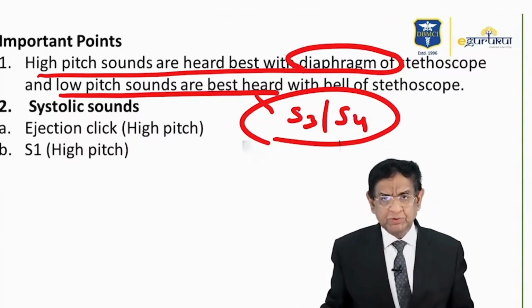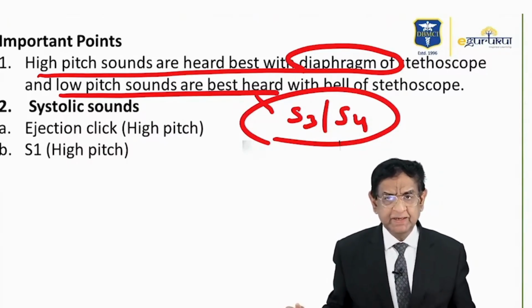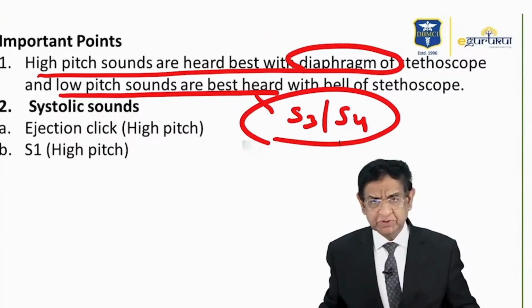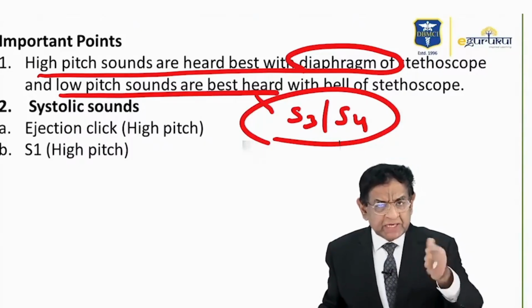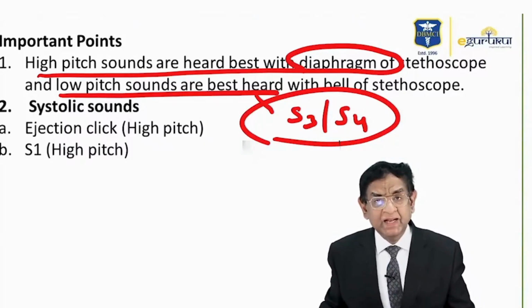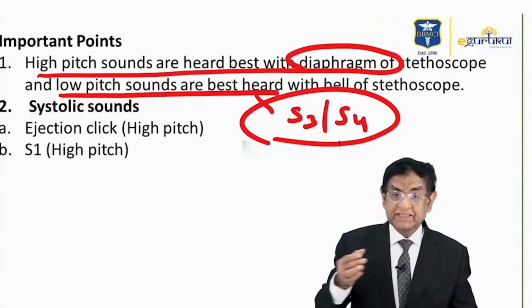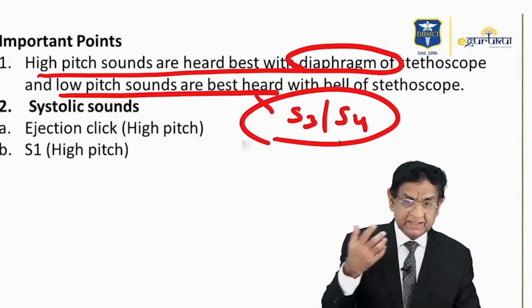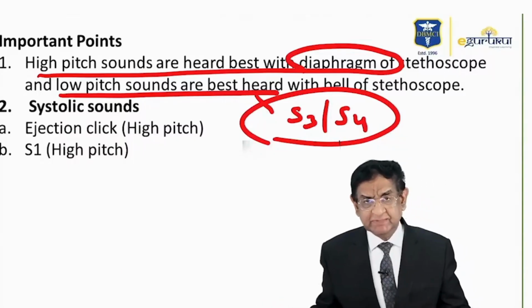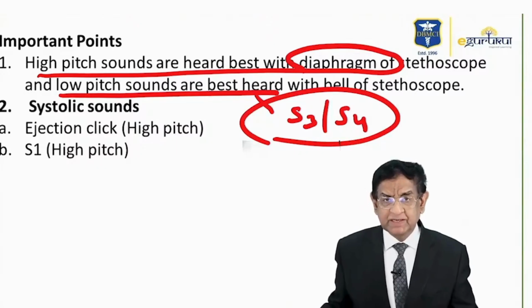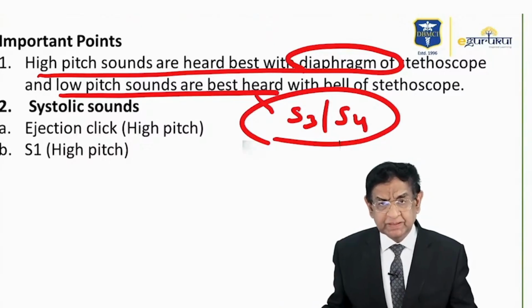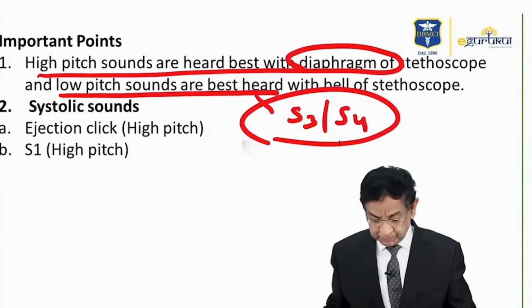And I told you to do it tonight when you are sleeping. Second thing, the examiner wants to know that you change from diaphragm to bell, and then auscultate at the right place. If we are talking about mitral, listen in the mitral area; aortic in the aortic area, pulmonary in the pulmonary area, as I told you.